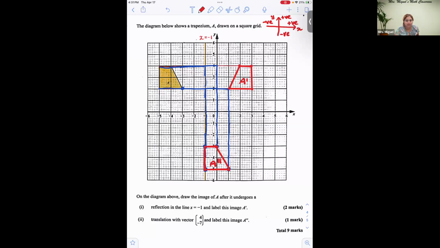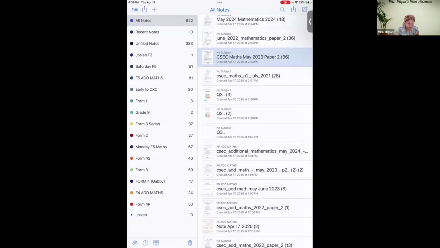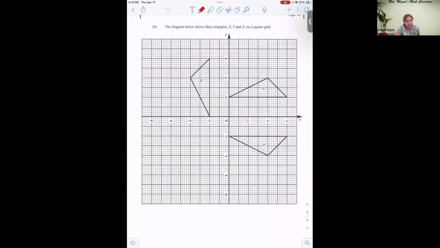So we have 2 questions to complete. One is the 2021, so let's go to that. And this is what it looks like. So we have X, we have Y, and we have Z, right? Here we have a rotation.